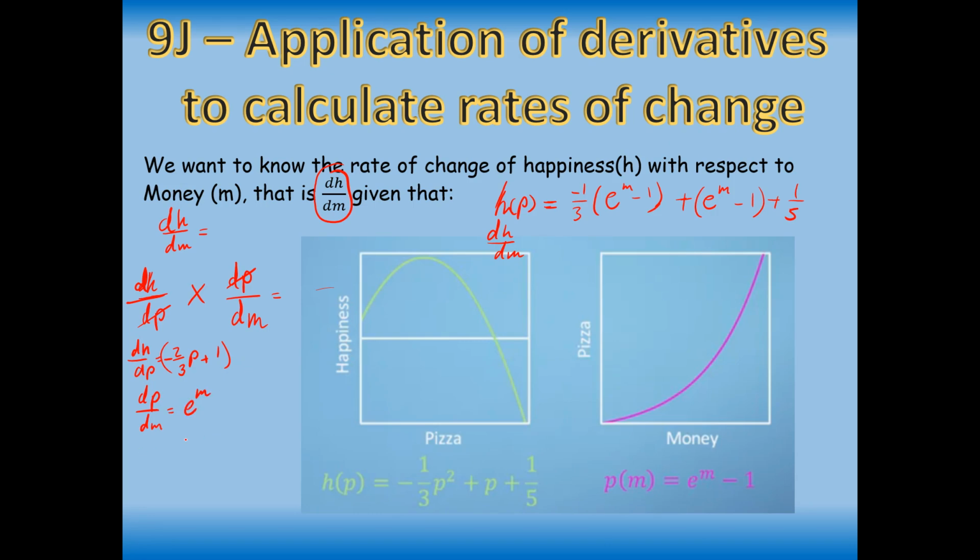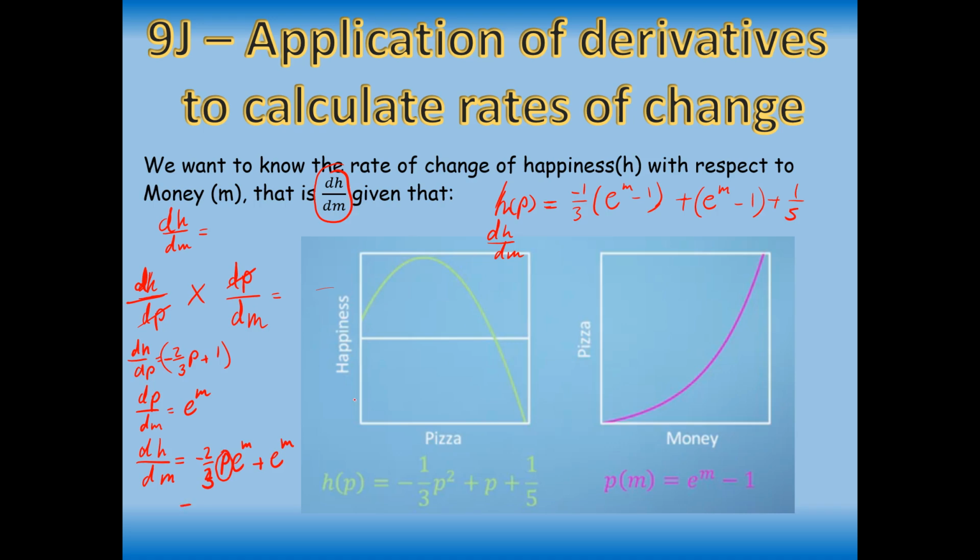So when we multiply these two rates of change with each other, we should end up with dh with respect to dm. So if I write that out properly, I'll have e to the power m here plus e to the power m here again, and we can finally eliminate this p here.